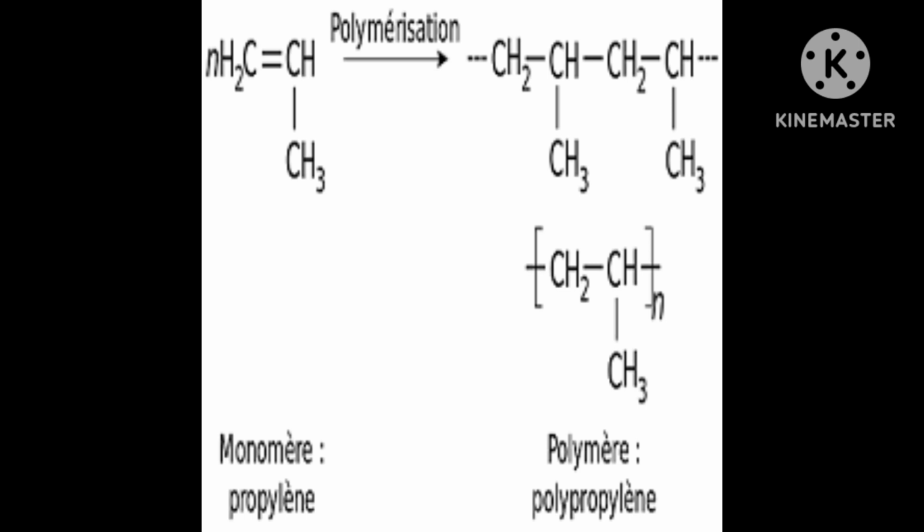Now two hydrogens are further less, so from 2n we have to do minus 2. 2n is the number of hydrogens in alkene, and now 2 hydrogens less, so the formula will be CnH2n-2. This is the general formula for alkyne. This question is also asked.